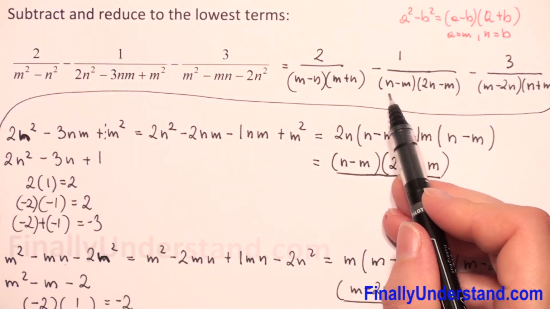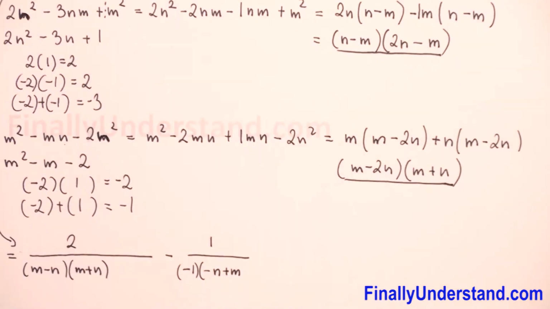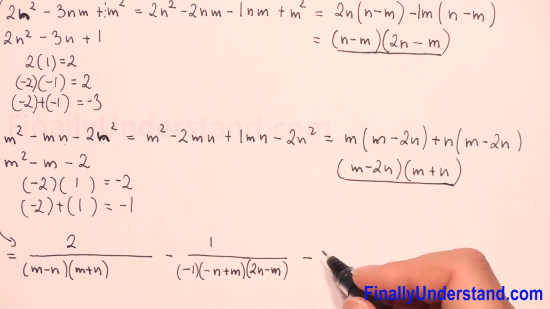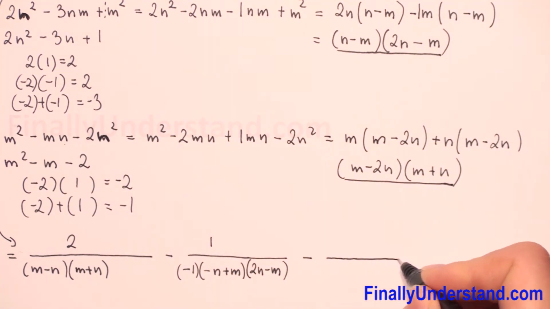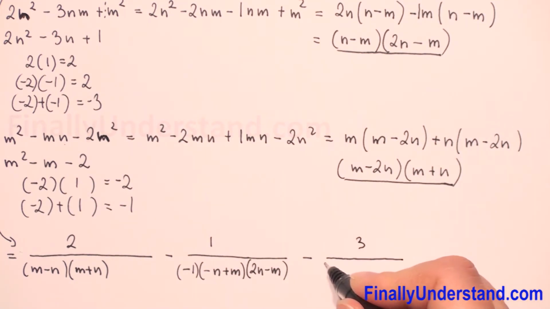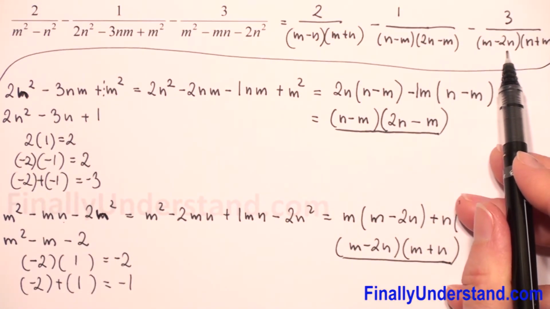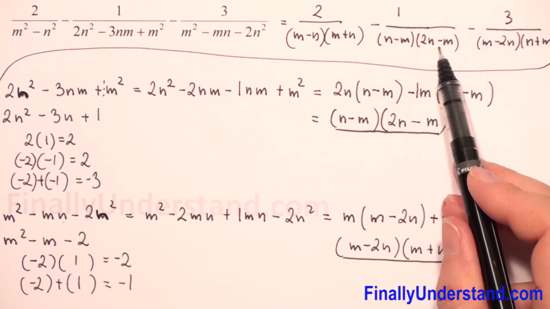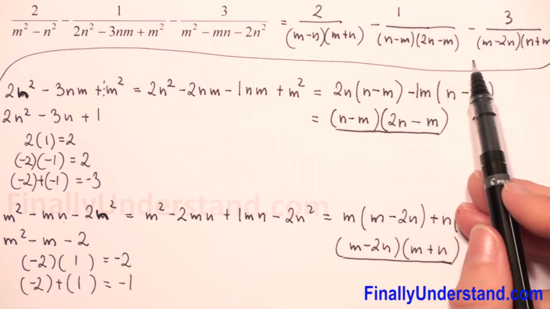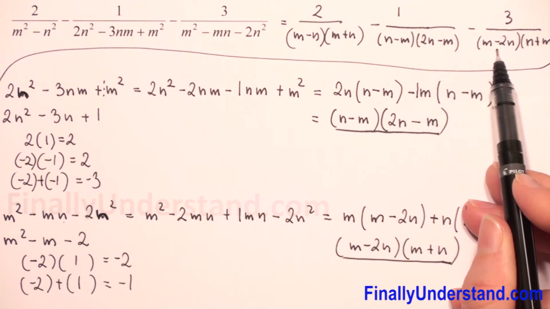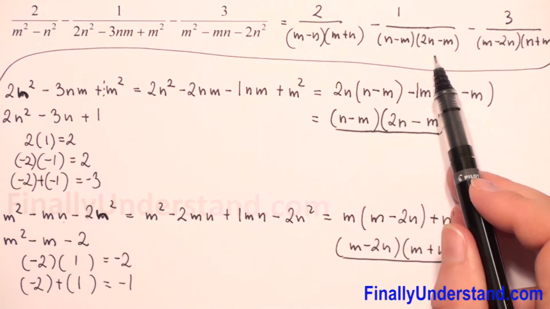And I have here n minus m, and the rest I will copy, times 2n minus m, and the third fraction we will copy, so it will be 3 over m, and again we have here m minus 2n, and here we have 2n minus m. So I will factorize the negative sign from this term, and I will get exactly what I have here.